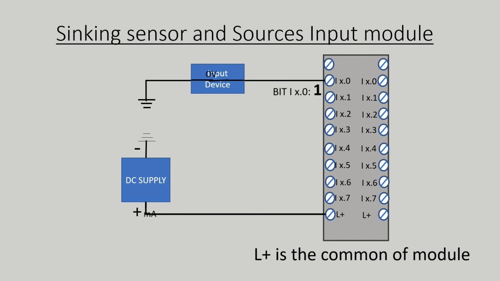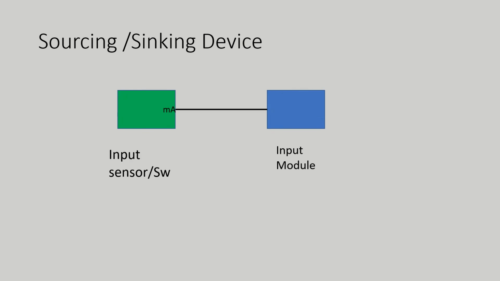So from these two examples, we can tell which one will be sourcing and which one will be sinking. If the current flows from the input device to the input module, then the input device is sourcing and the input module is sinking.